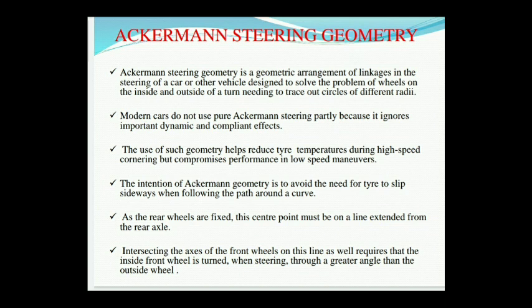Modern cars do not use a purely Ackermann steering system because it ignores important dynamic and compliance effects. The use of such geometry helps to reduce the tire temperature during high-speed cornering. The intention of Ackermann geometry is to avoid the need for the tire to slip sideways when following the path around the curve.